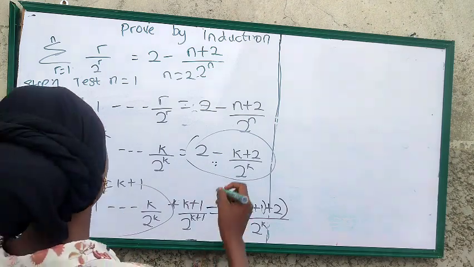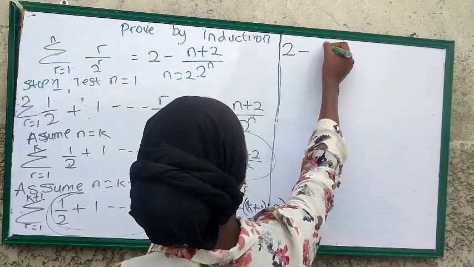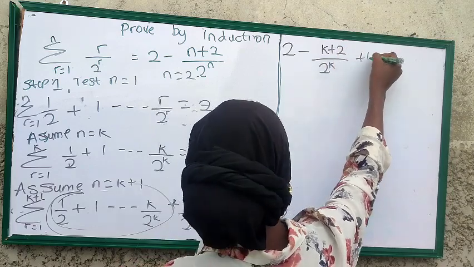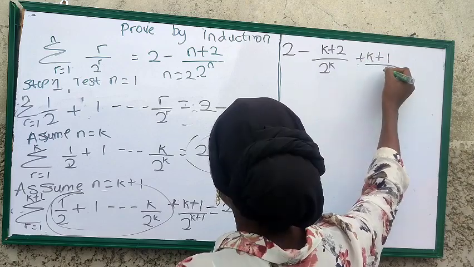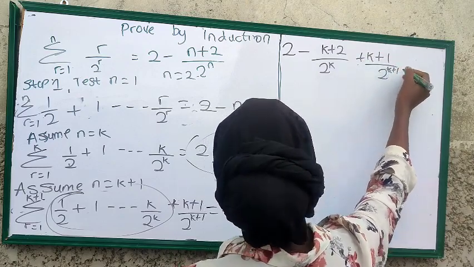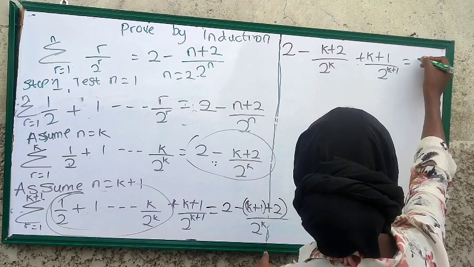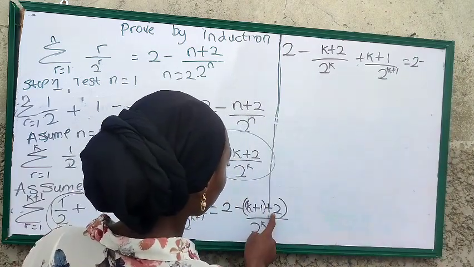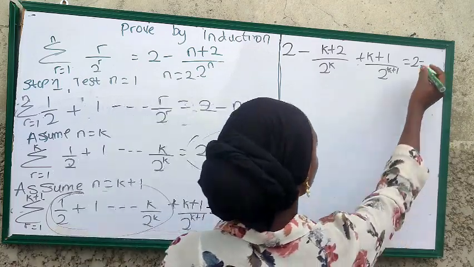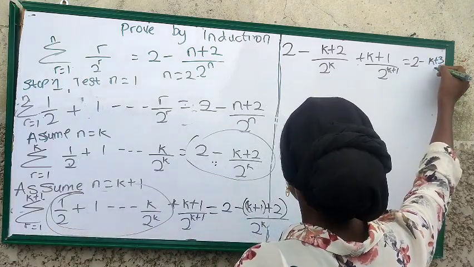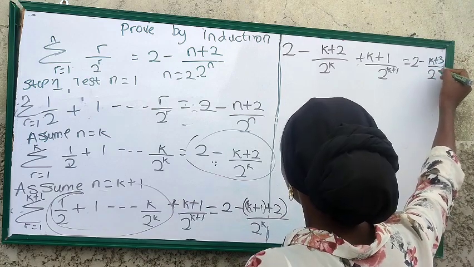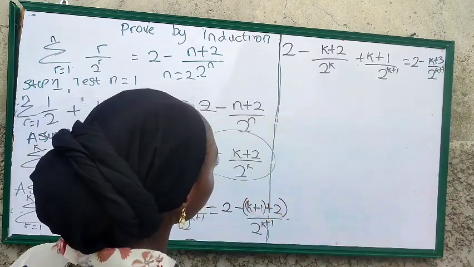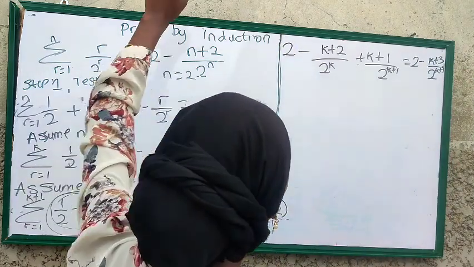It will be 2 minus (k plus 2) divided by 2 to the power of k, plus (k plus 1) divided by 2 to the power of k plus 1, equals 2 minus, and now we have 1 plus 2, that's 3, so k plus 3 divided by 2 to the power of k plus 1.